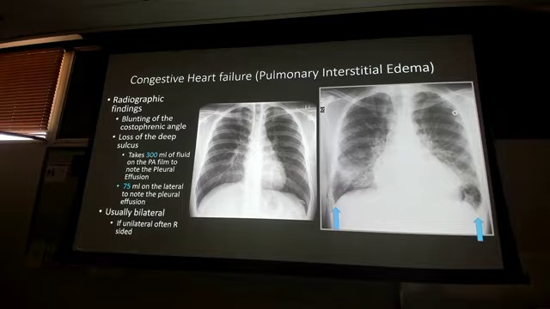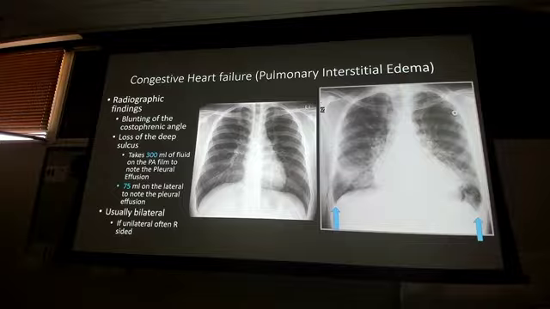I don't have that nice sharp, jagged edge. When I trace out the lungs, it's more kind of rounded, okay? What that is, is pleural effusion. So fluid in the pleura. Usually bilateral, okay?